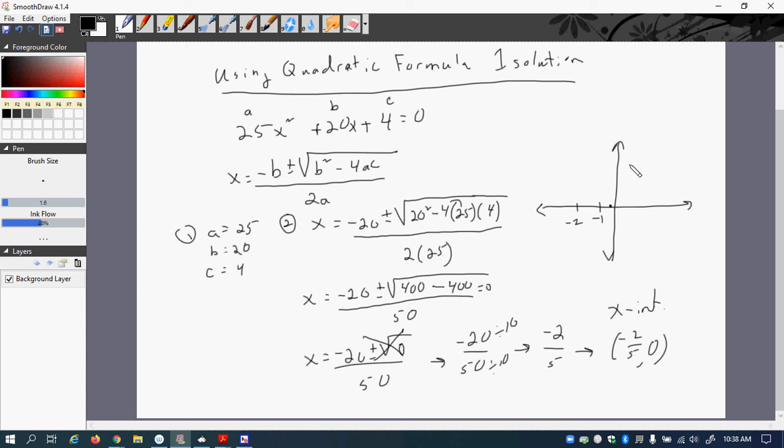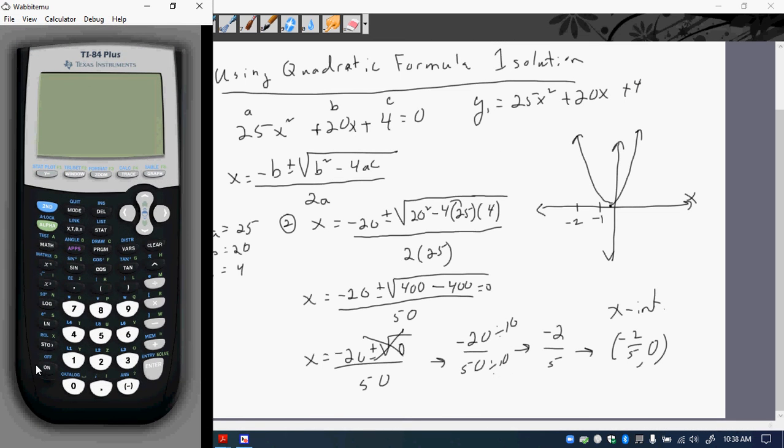And so all it does is that the curve comes down and touches the x-axis only at one point. Okay? And that's what's going on. So if I decided to graph this, I could do it as y1 equal to 25x squared plus 20x plus 4. And so if I graph that on my calculator, I will see that.